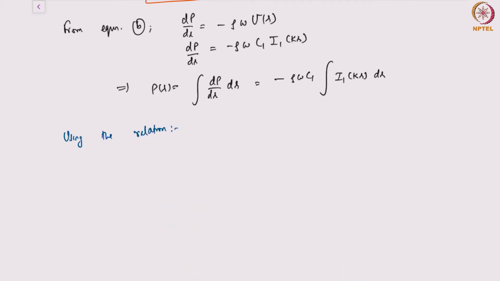Or a well-known relation, which is the derivative d by dx of I0 of x is equal to I1 of x. Okay, if you remember the modified Bessel's equation, we had this argument n. So n equal to 1 was the solution that we used for getting the general solution for u of r, the radial velocity. But you can have other values of n.